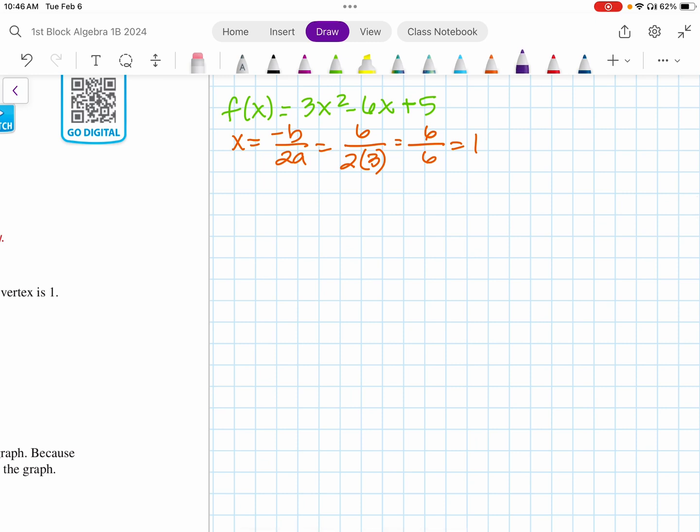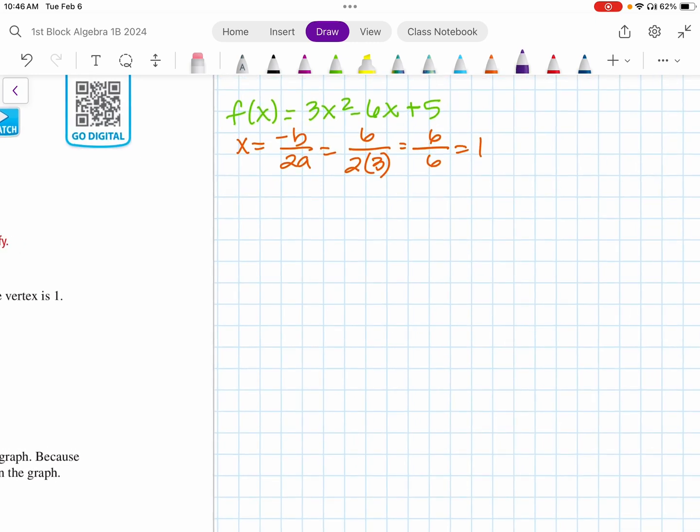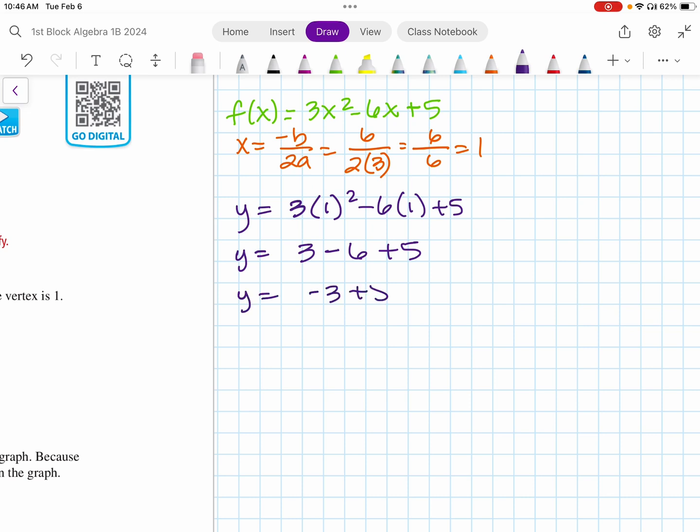Now we take 1 and put it back into our equation to find y for our vertex. 3 times 1 squared minus 6 times 1 plus 5, 3 minus 6 plus 5, negative 3 plus 5, and y equals 2. So our vertex is 1, 2.